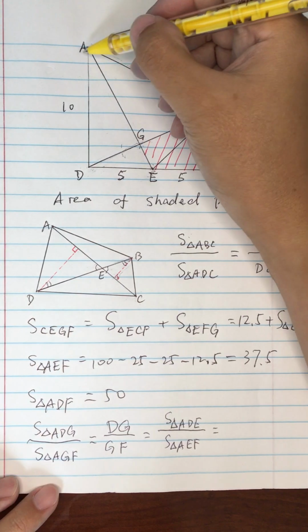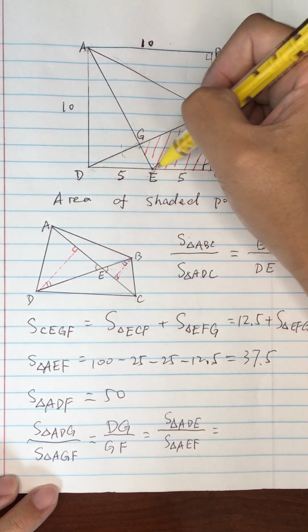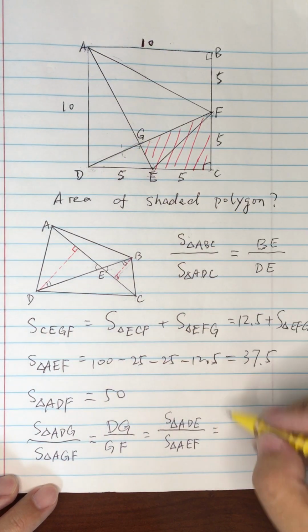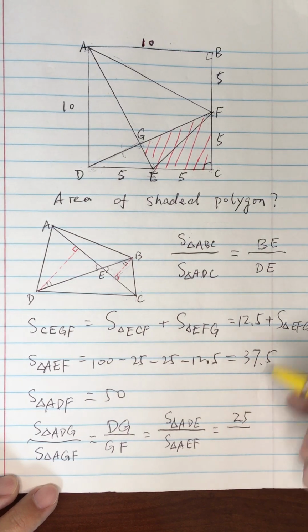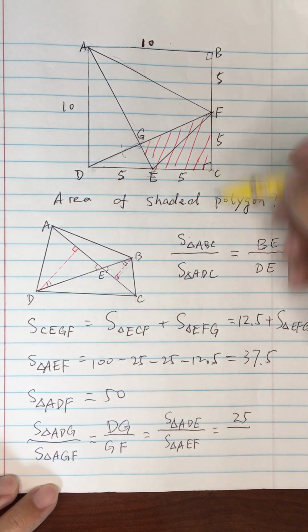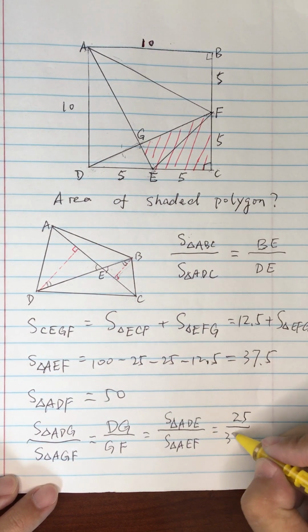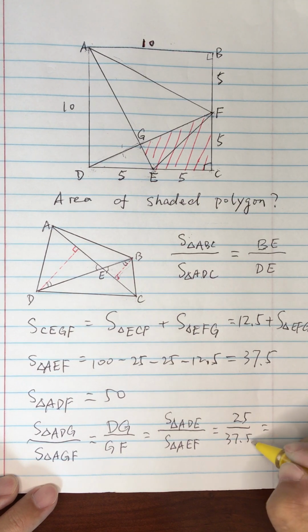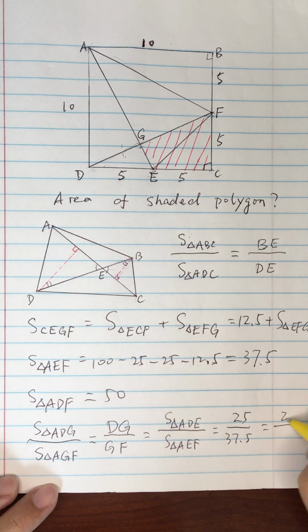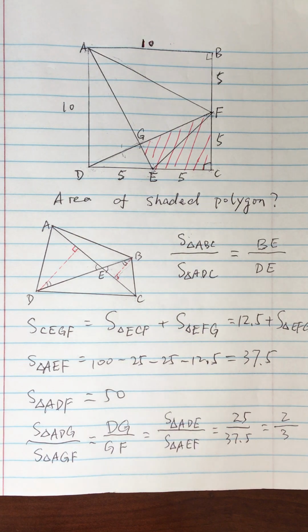We know the area of ADE. ADE is just 5 times 10 divided by 2, that's 25. And AEF we have evaluated already. The area of AEF is 37.5. So if we evaluate that, it's 2 over 3.